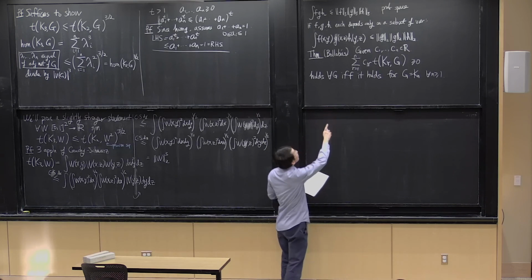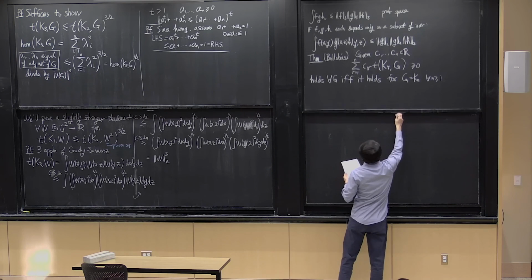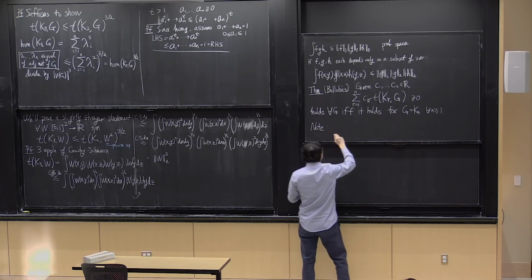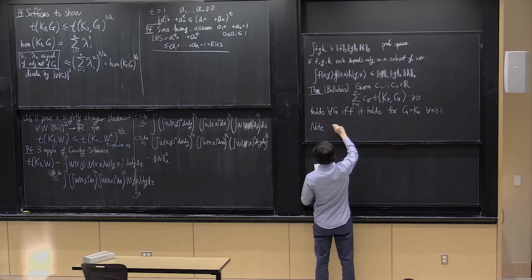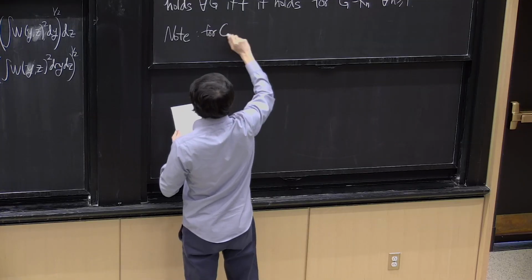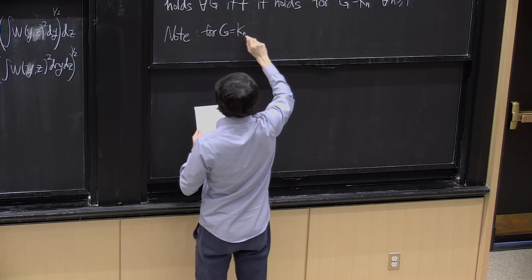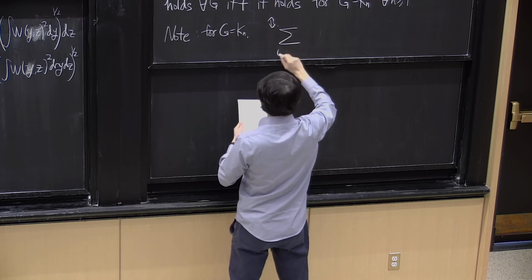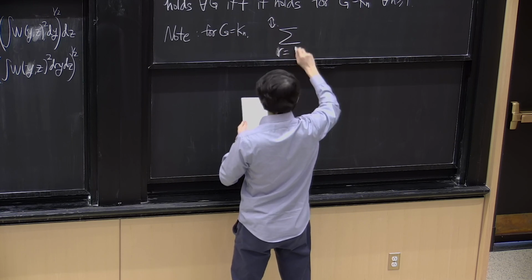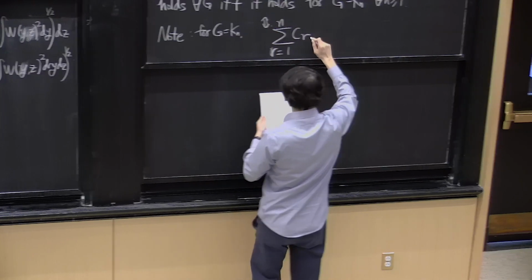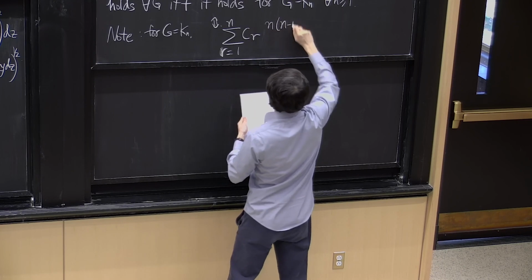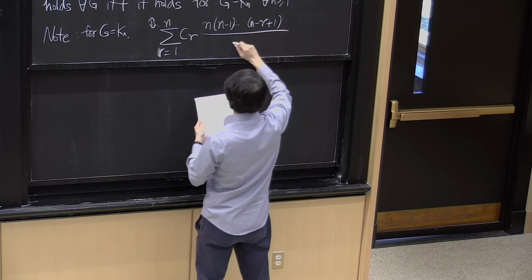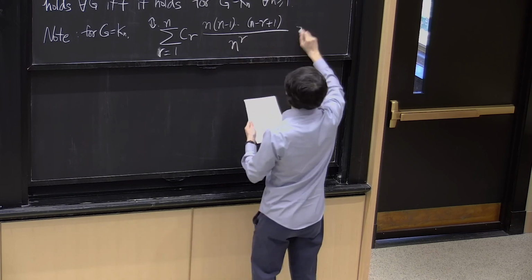So the reason I say that this is very easy to check if I actually give you what the numbers are is because this inequality for cliques is equivalent to just the inequality that I'm writing down now, where I tell you precisely what the R clique density is in an N clique, because that's just some combinatorial expression.